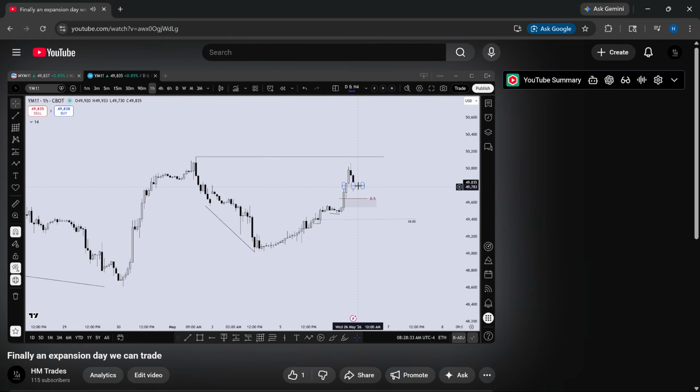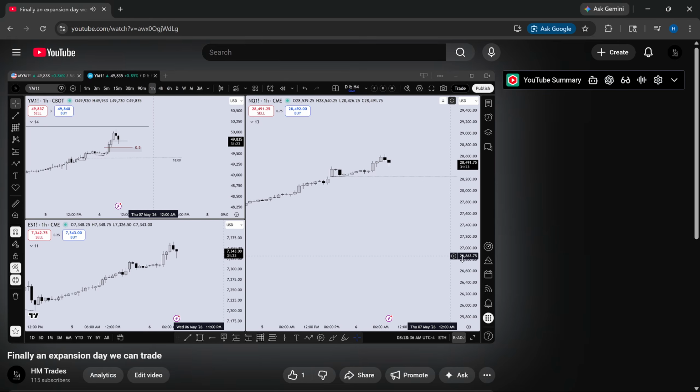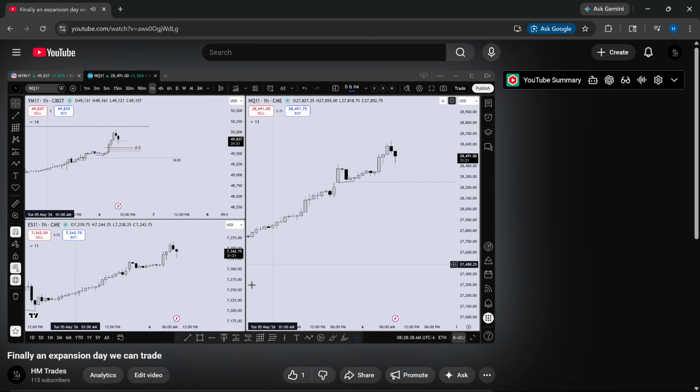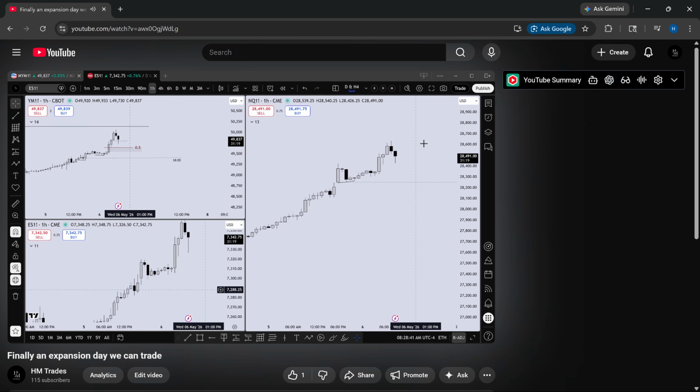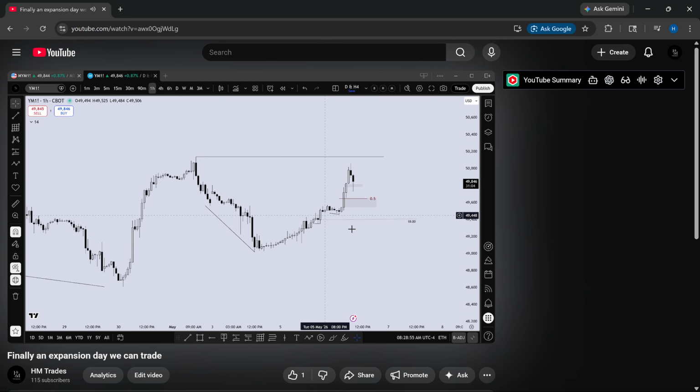But most likely, if we get SMT here with the other assets, let's actually check. We might get the SMT. As you can see, this is the exact low on the other assets. So we are pretty close to that. So it is possible for NQ or ES to tap into this gap, and the YM gets this SMT.